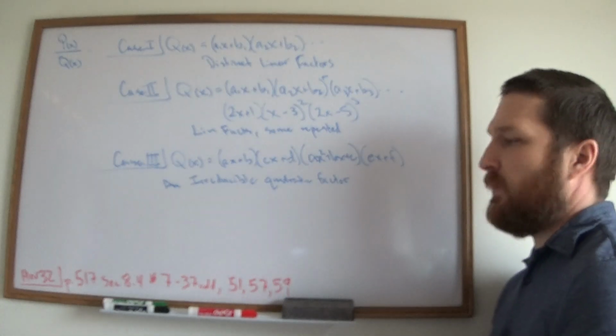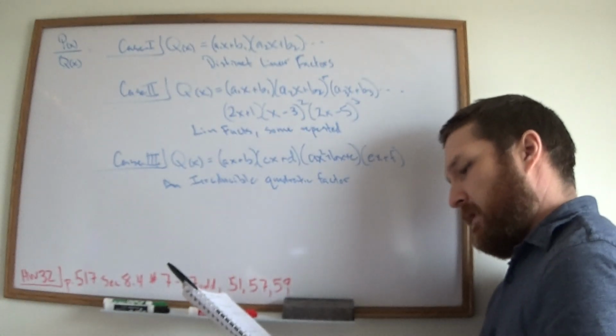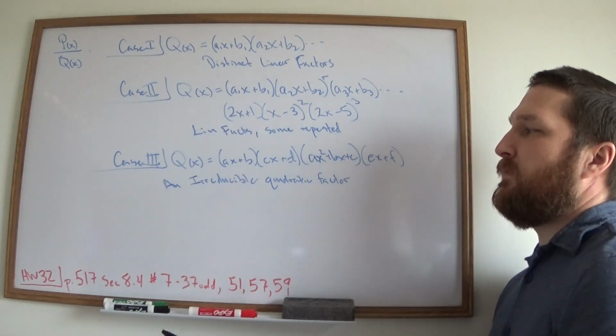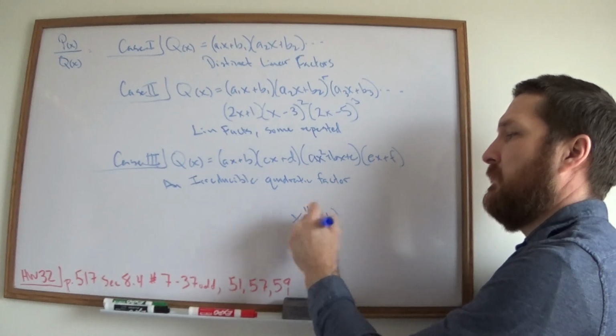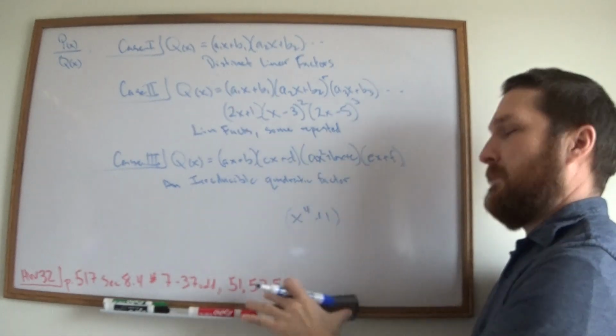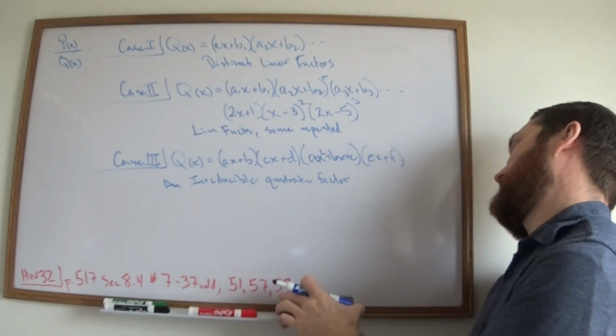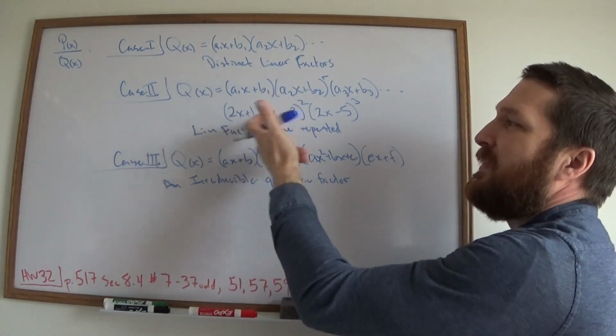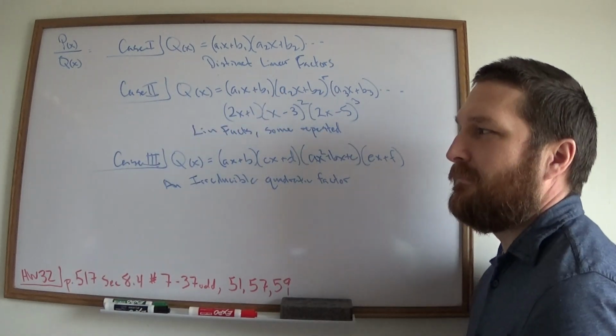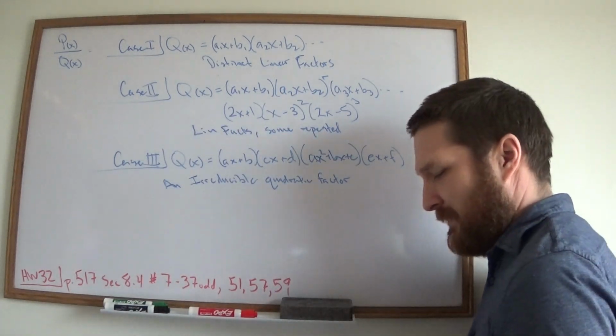It's an irreducible quadratic factor. You might ask, well, what if it has an irreducible quartic? What if it's something like x to the 4th plus 1? We're not dealing with that stuff. Don't worry about that. When you're ready to deal with that stuff, you're just going to factor it into its complex numbers anyway. So we're not going to deal with that kind of stuff.